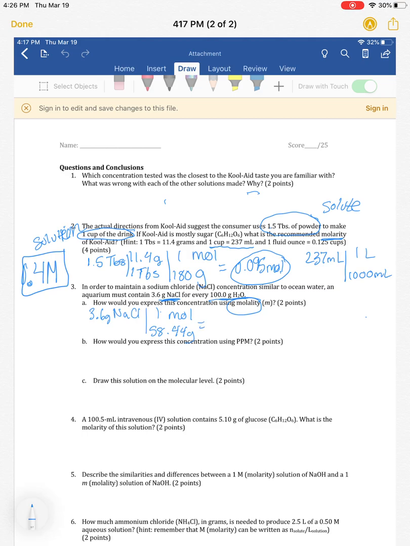I go to moles and I get 0.0616 moles. And then I need to get 100 grams into kilograms, so I divide by 1,000 and I get 0.1 kilograms. So therefore, when you take your moles divided by kilograms, you get 0.62 molal. Okay?